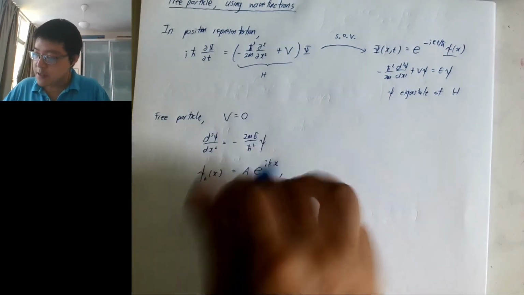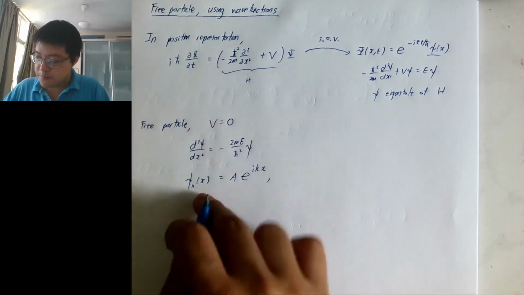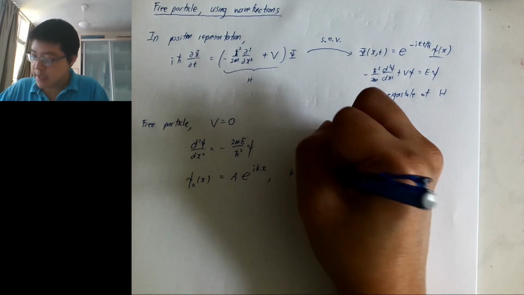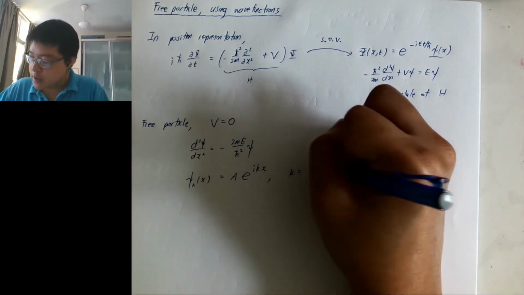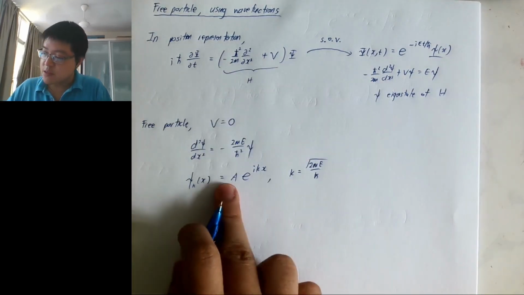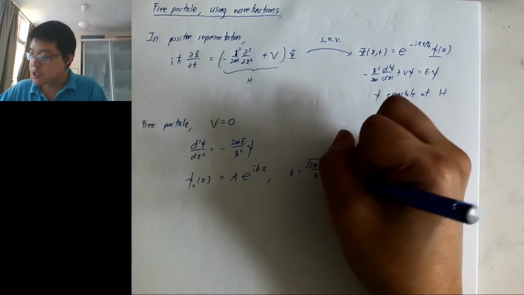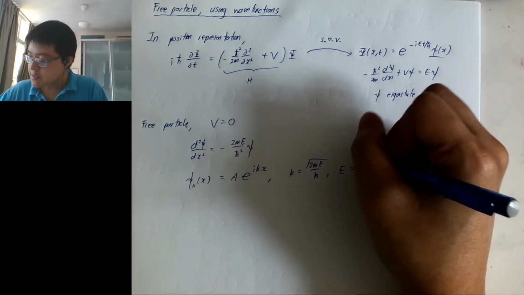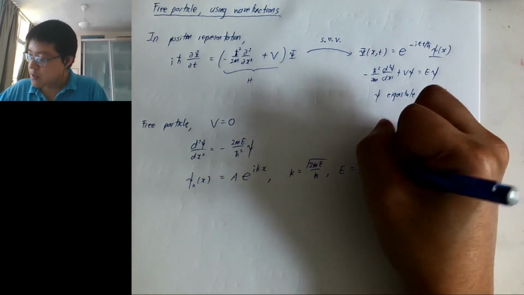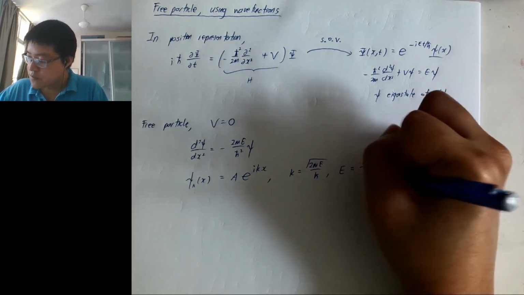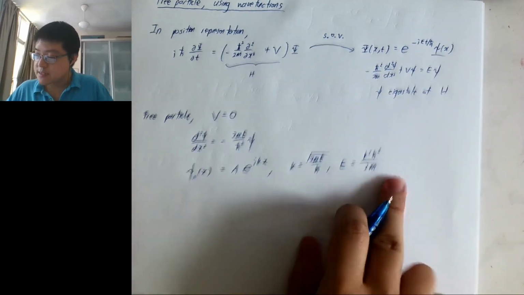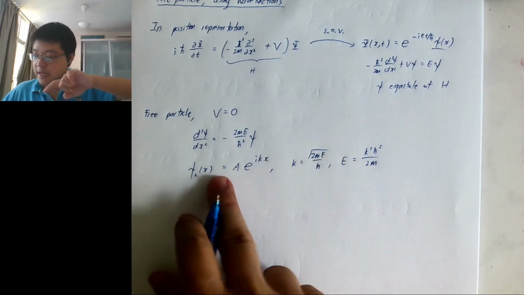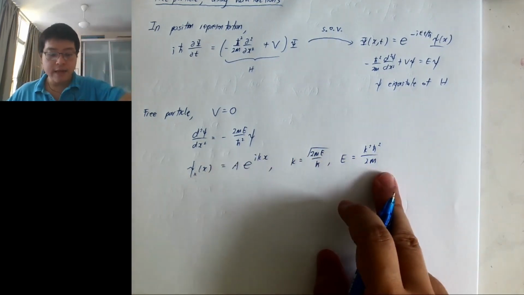So generally speaking, this is a solution for a particular k, where this k is the square root of 2mE over h bar. That means this solution corresponds to this energy. If I express it in terms of energy, I just square both sides and solve for E. I got k squared h bar squared over 2m. So this is one eigenstate with this energy. Other k gives you other eigenstates with other energies.